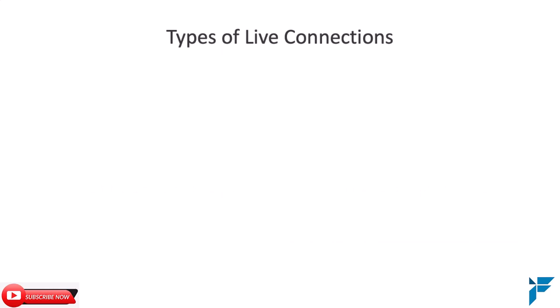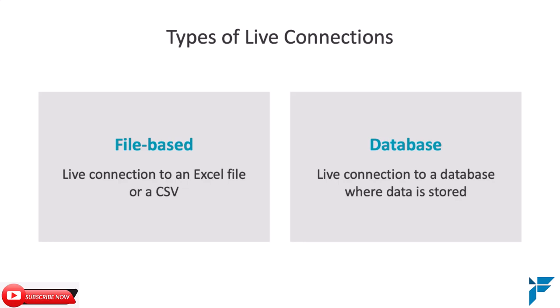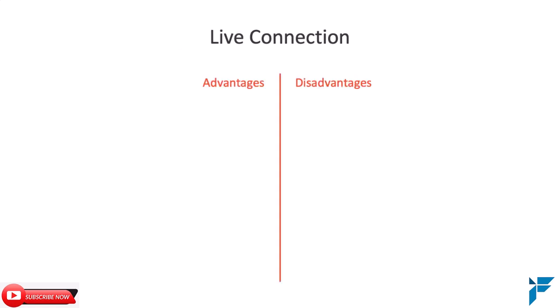In Tableau, live connections can be file-based, meaning you're connecting to an Excel file or a CSV in real time. Similarly, a live connection can also be used on a database where data is stored. Live connections offer a few advantages and a few disadvantages though. Let's take a look at them. A live connection helps provide real-time or near real-time updates to your data when there is a need.